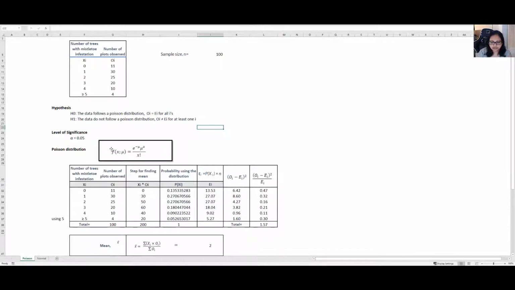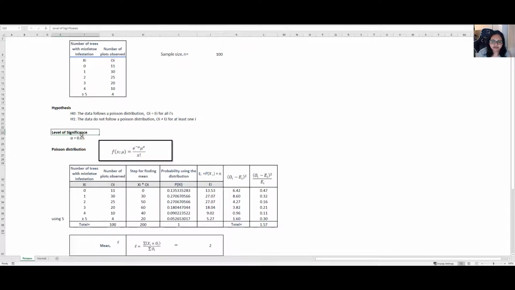And then the distribution form for the Poisson is this one. Over here you can see that we need to have the mean, and for finding the mean we also need to use this total sample size.